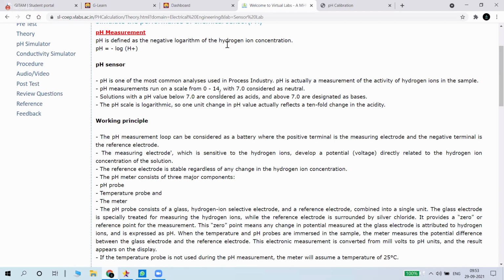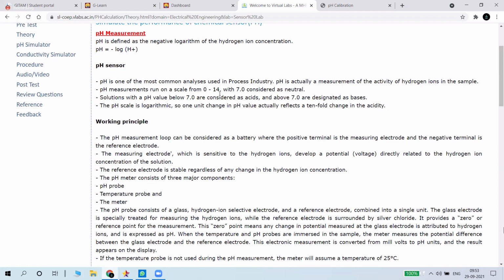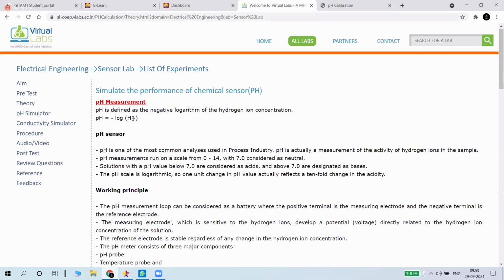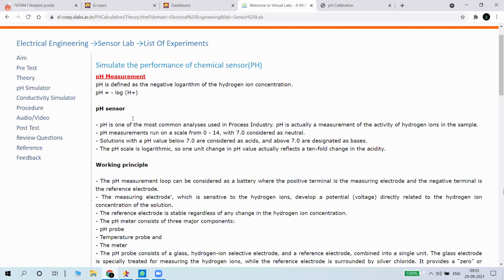What is pH sensor? pH is one of the most common analyses used in the process industry. pH is actually a measurement of the activity of hydrogen ions in the sample. pH measurements run from 0 to 14 with 7.0 considered as neutral.